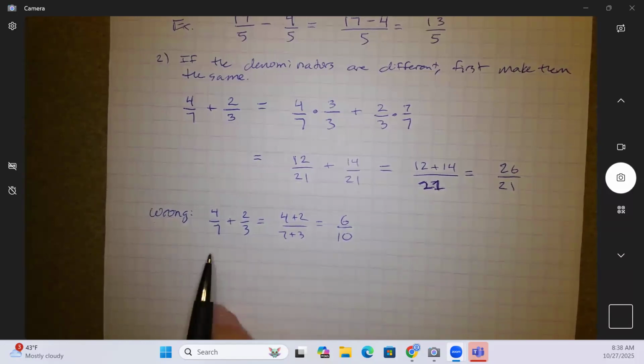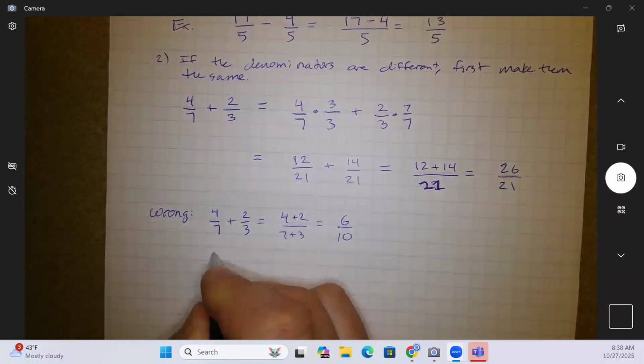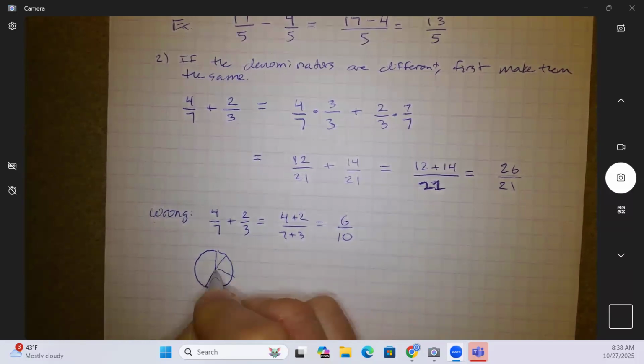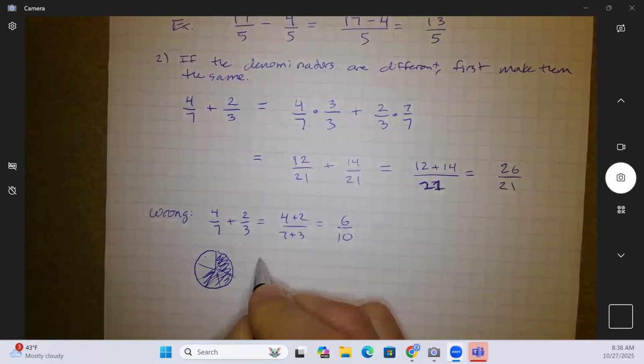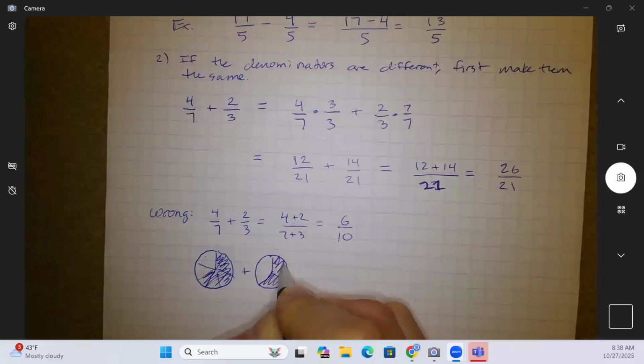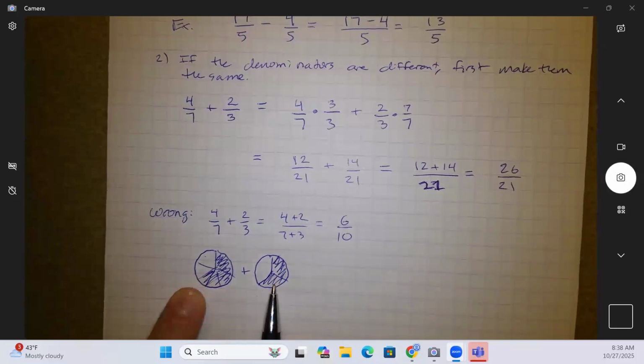So I won't go through every detail why this is wrong, but I can tell you this much. 4/7 is going to be like this. 2, 3, 4, 5, 6, 7. Right, 4/7 is this much. 2/3 is this much.